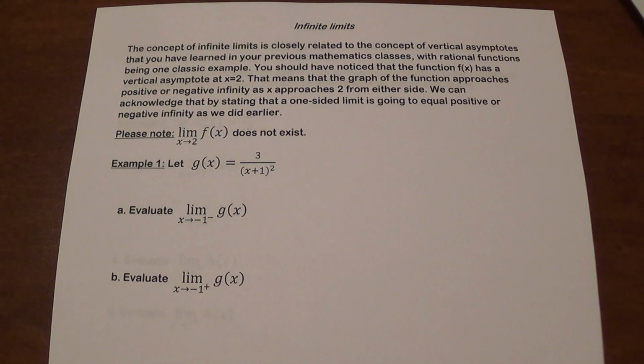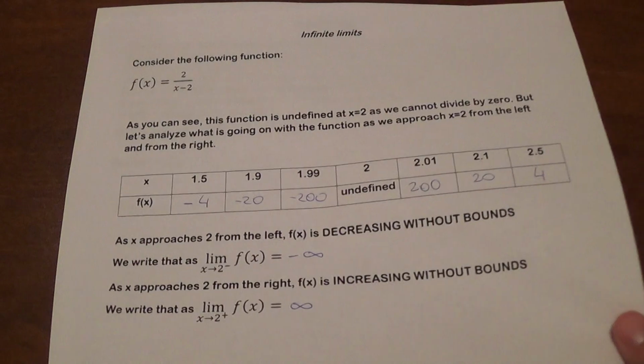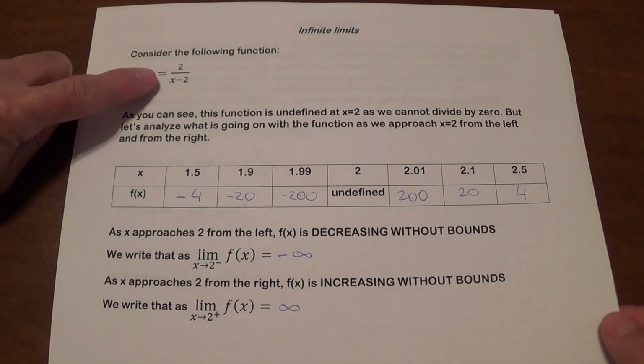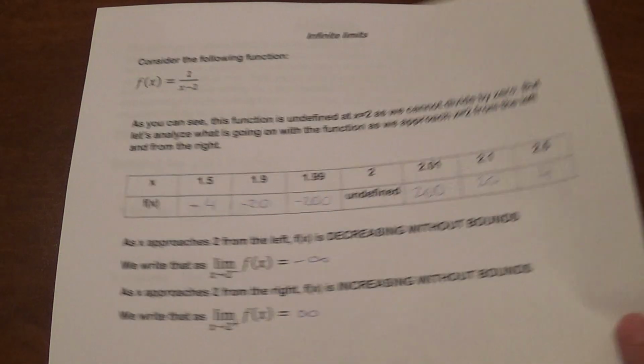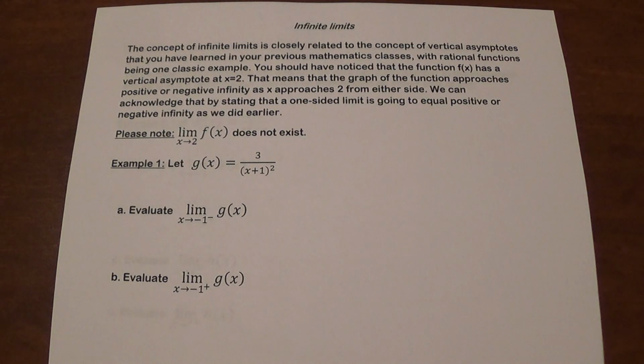So what happens is that the concept of vertical asymptotes is very closely related to infinite limits. That's precisely what happens. This function, let me show you this again, is going to have a vertical asymptote at x equals 2. And that's why this is going on.